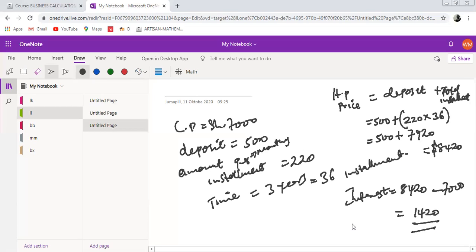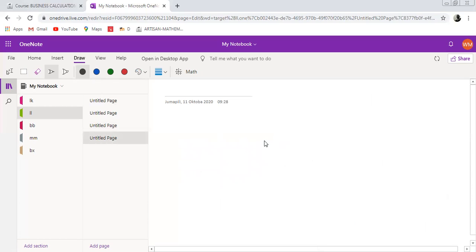We have another question that is saying a £2,000 lounge suite was sold under a hire purchase agreement, with a deposit of 200. The 2,000, remember, that is the cash price. The deposit was 200.